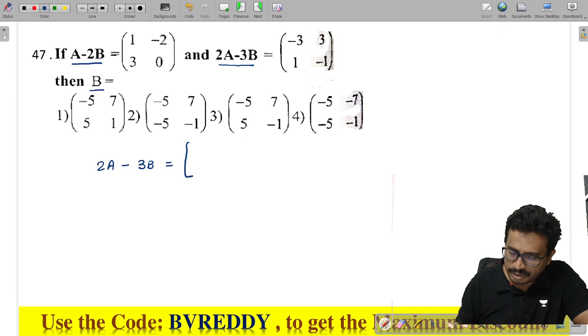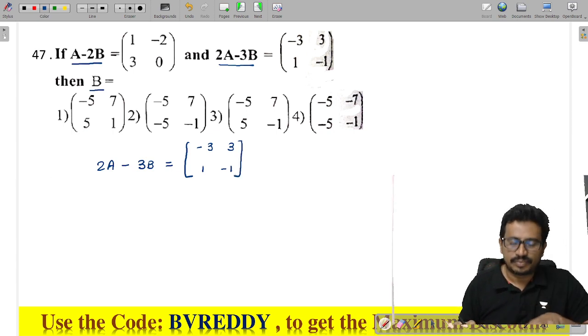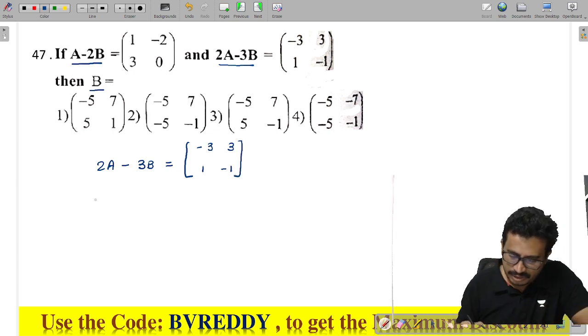This matrix is given, minus 3 plus 3, 1 minus 1. Now if I multiply the first one with minus 2, then see what happened.